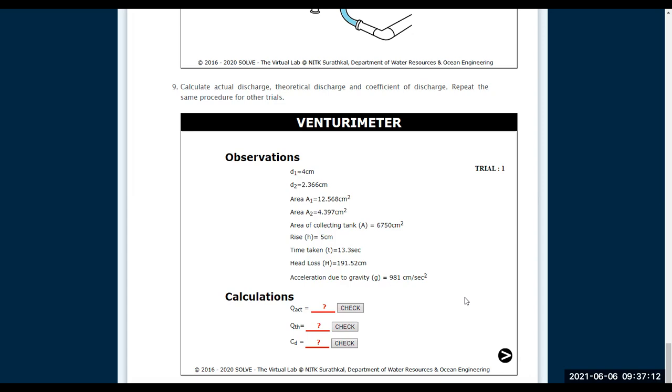You take the manometric reading, left limb and right limb, which will give you the head loss. For the same trial, you have to close the exit valve in the collecting tank and record the time for a rise of 5 centimeter head of water in the collecting tank.